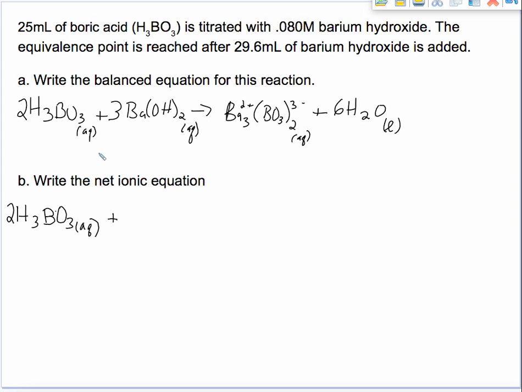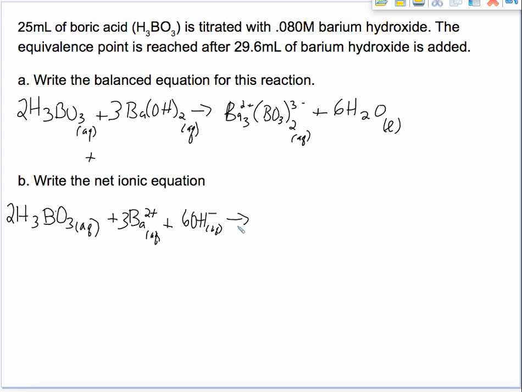Now, this barium hydroxide, it's going to break down into barium ions, okay, because it's a strong base, and 6 hydroxide ions, and I should write aqueous there. All right, because 3 times 2 is 6 hydroxide ions.